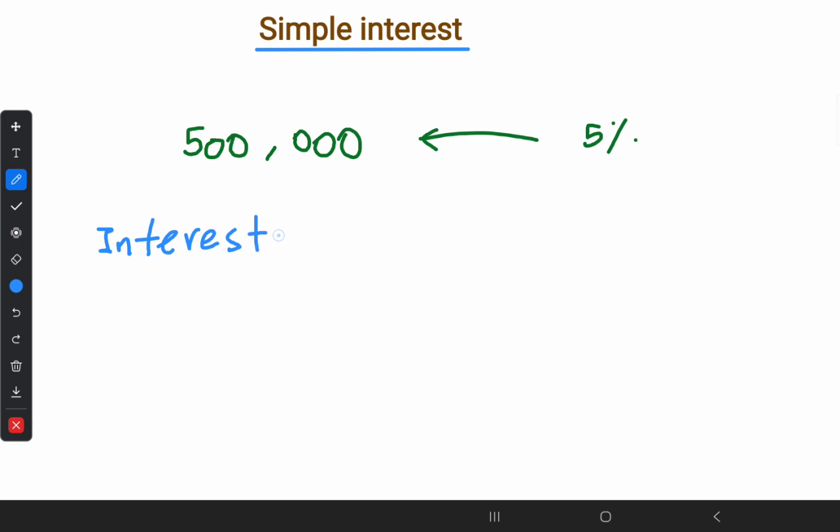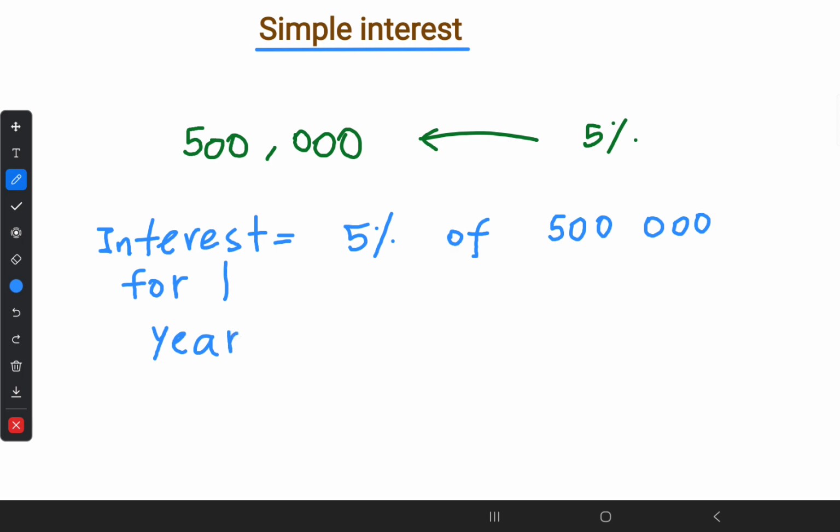To find the interest, take 5% of your loan money, the amount you got as loan, that is 500,000. So 5% of 500,000 is the amount of money you need to pay as interest for 1 year. This is what we need to find.